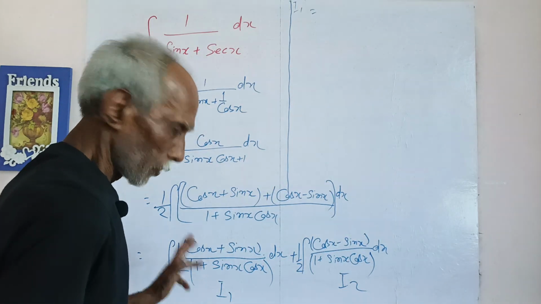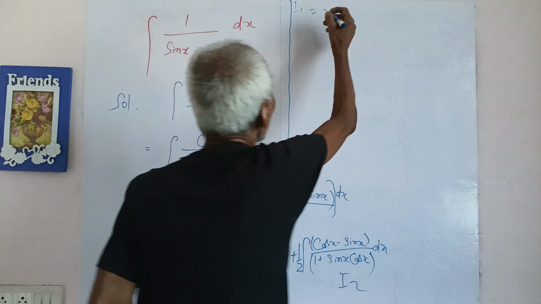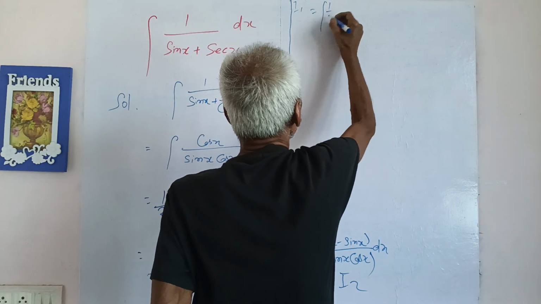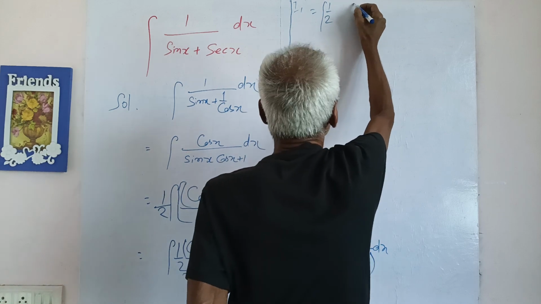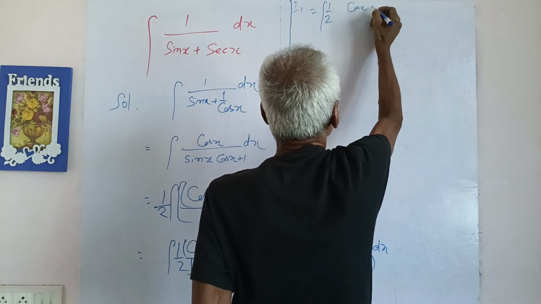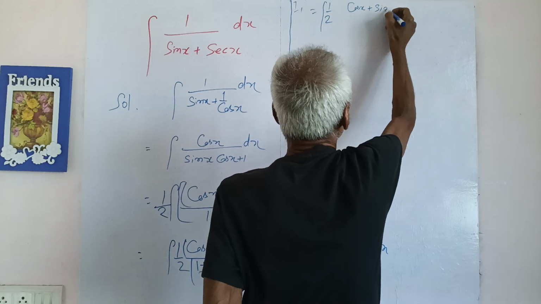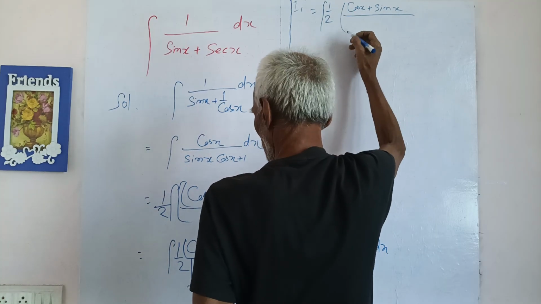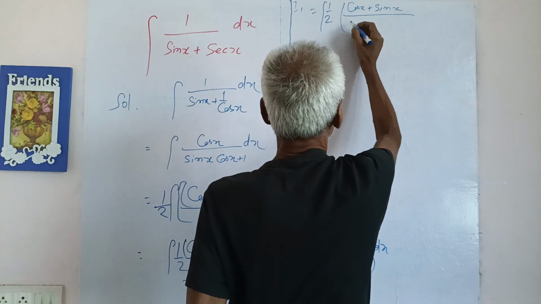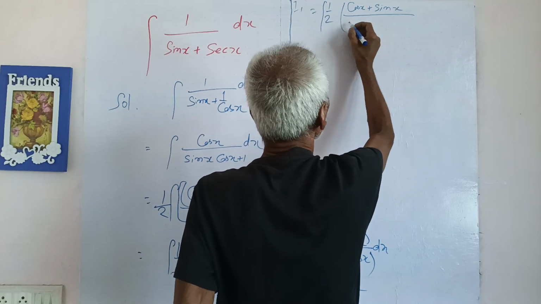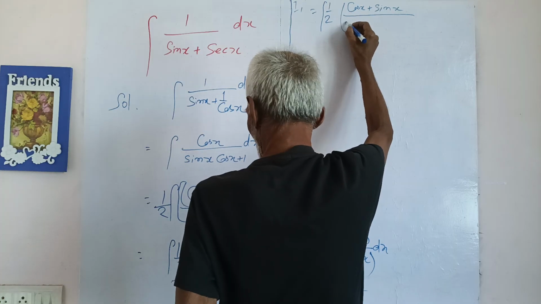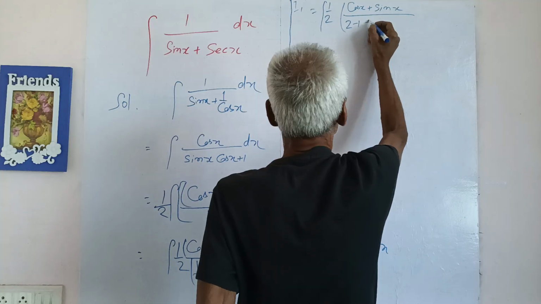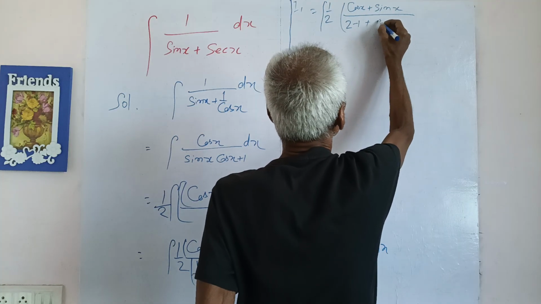But for that you have to change something. Look at here. Integration 1 by 2 cos x plus sin x by, for 1 we can write as 2 minus 1 plus 2.